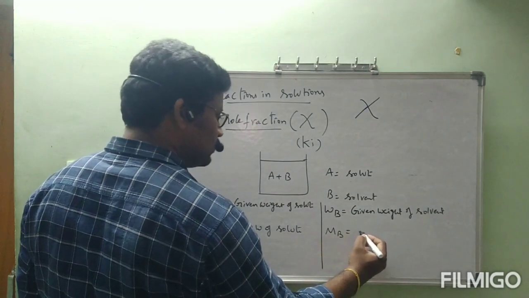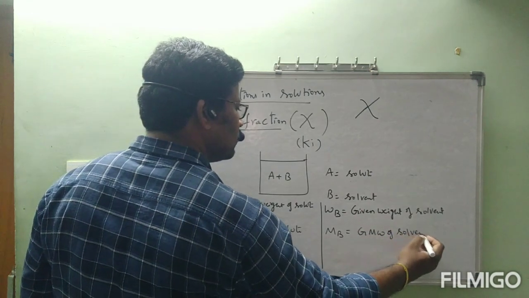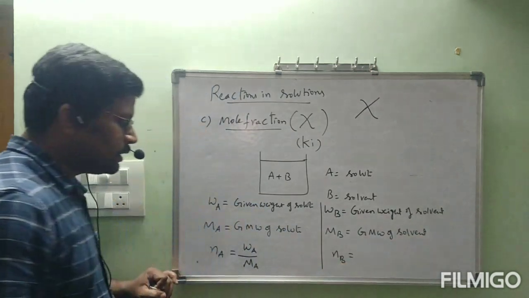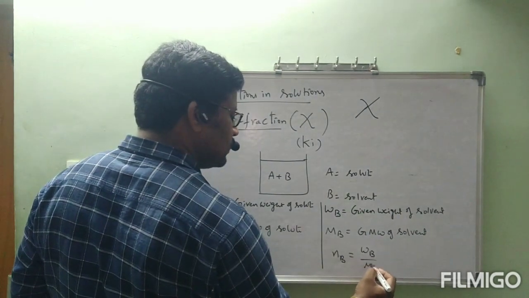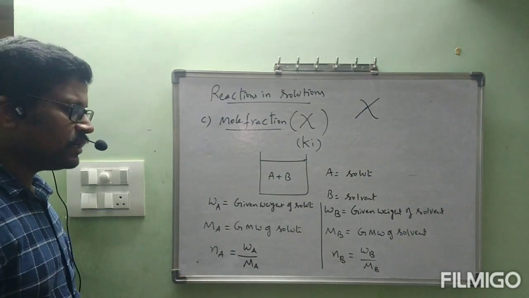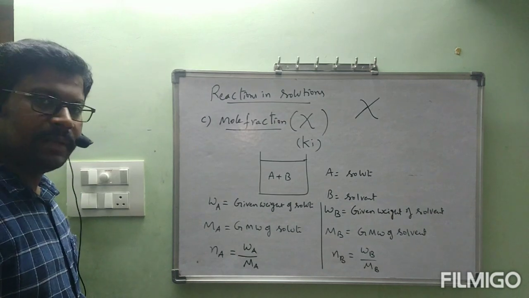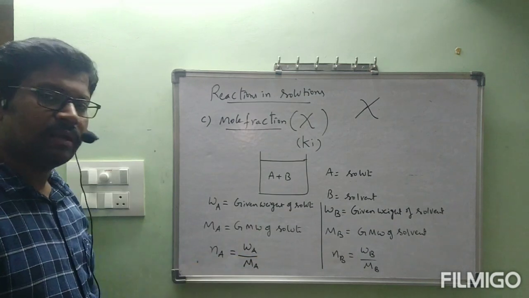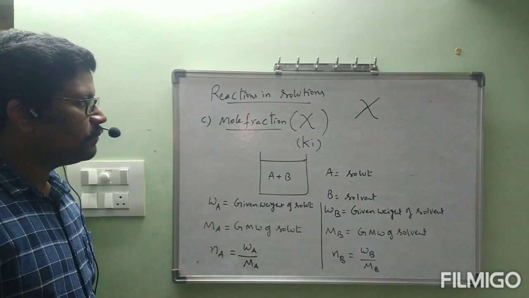Mb is equal to gram molecular weight of solvent. Then Nb is equal to Wb by Mb, given weight of solvent divided by gram molecular weight of solvent. Na is the number of moles of solute, Nb the number of moles of solvent. This is the data which is helpful to define mole fraction.